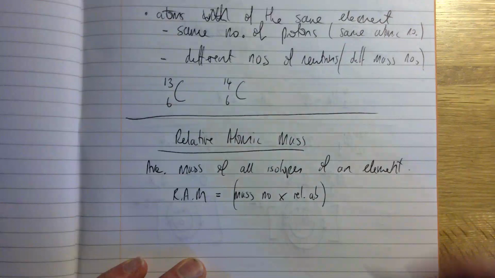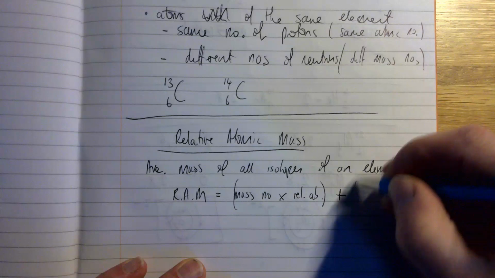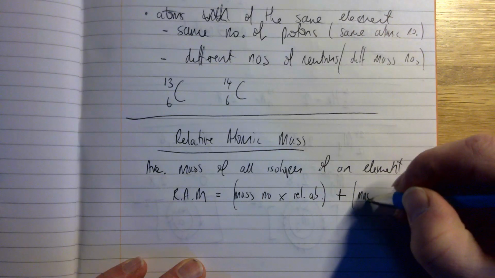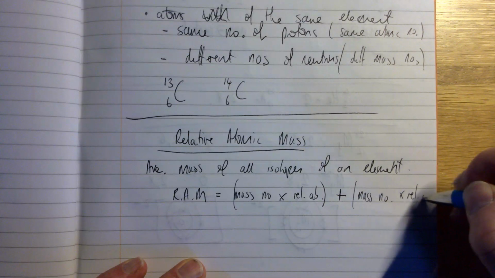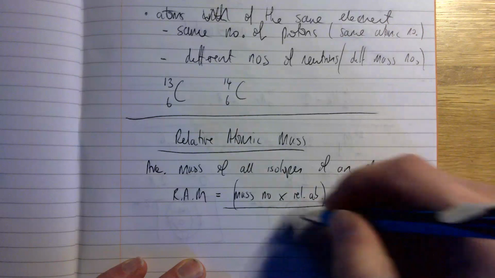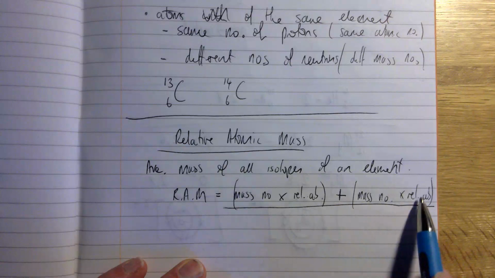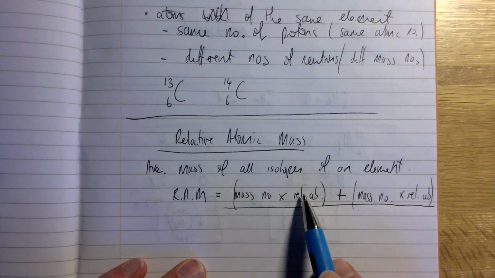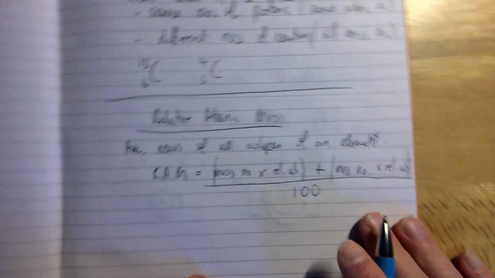So the relative abundance, usually given as a percentage, you add that to the mass number of the other isotope times its relative abundance, all divided by that number, add that number. And if they're given as percentages, let's say it's 75 and 25, they add up to 100. That's usually what they do. Okay, so I'll leave that like that.